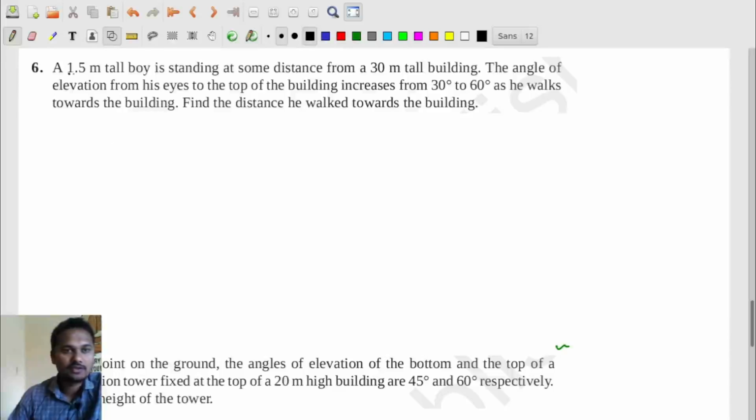A 1.5 meter tall boy is standing at some distance from a 30 meter tall building. So this is the base, and let me take a 30 meter tall building here. So here the height of the building is 30 meters, and name it as AB.